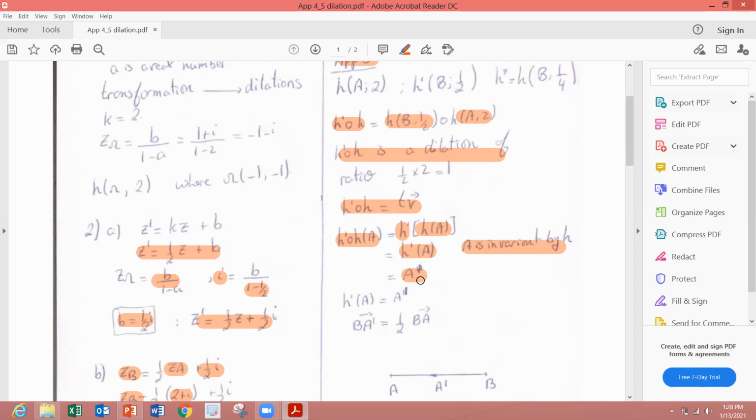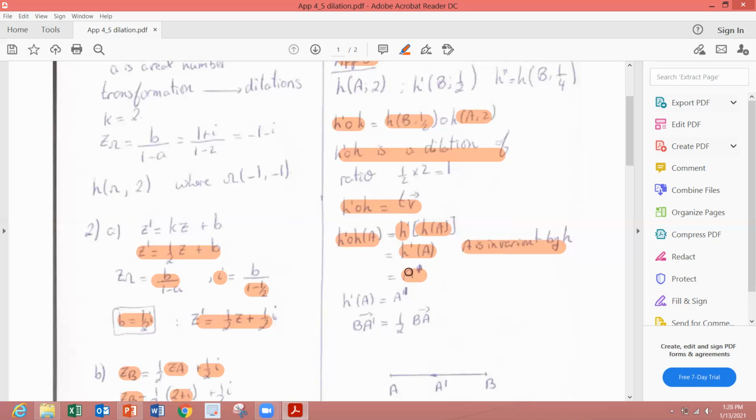Okay guys. In the rotation, if the center is the same, it gives the same point. Also for dilation we said that the only invariant point by dilation is the center. This A is the center of H, not the center of H prime. Okay. So H of A is A because A is the center of H. But H prime of A is not A because A is not the center of H prime. Now it is done. So the image of A by H prime is A prime.